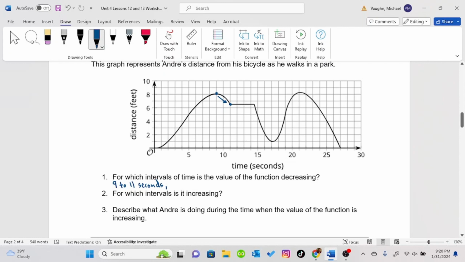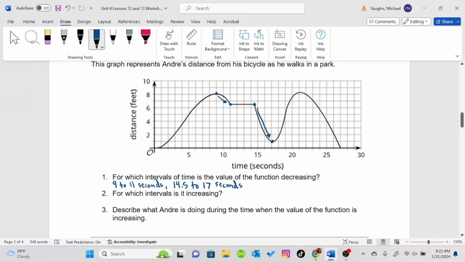Then we can see again from about 14.5 until the bottom down here at 17 seconds. We can see that it decreases along this slope.